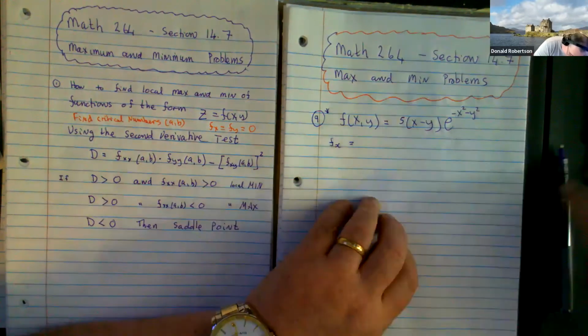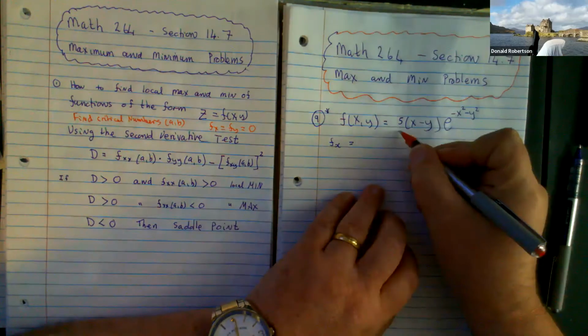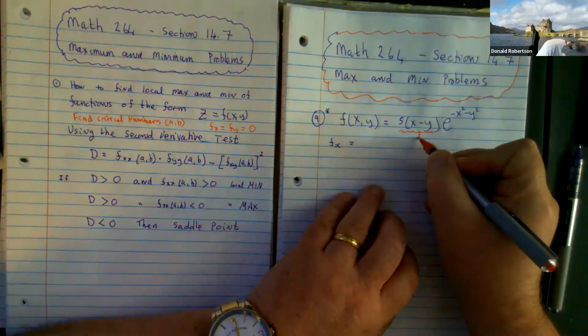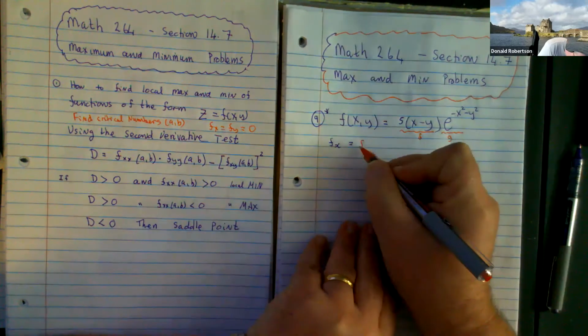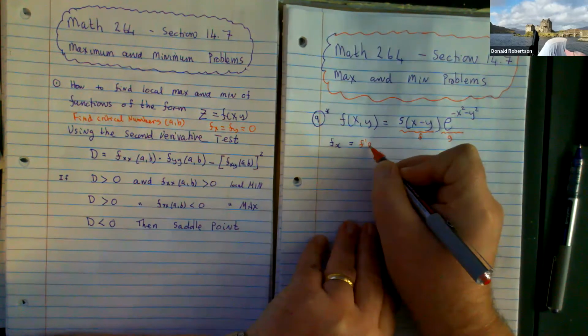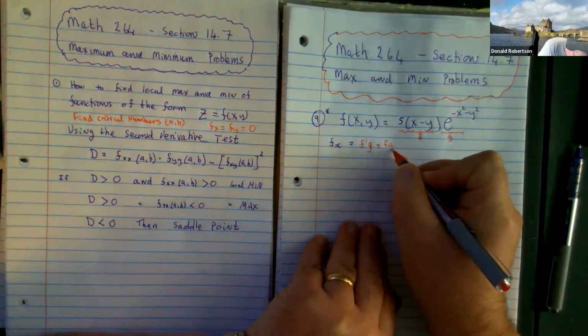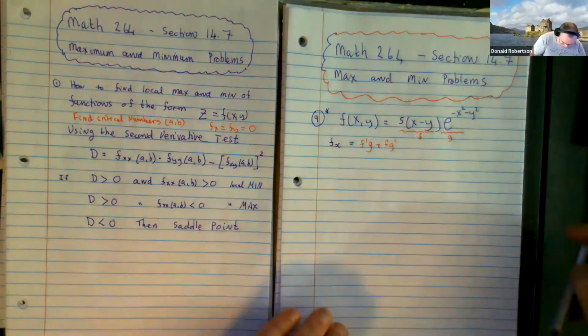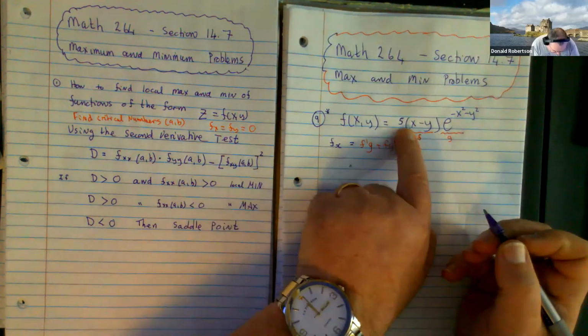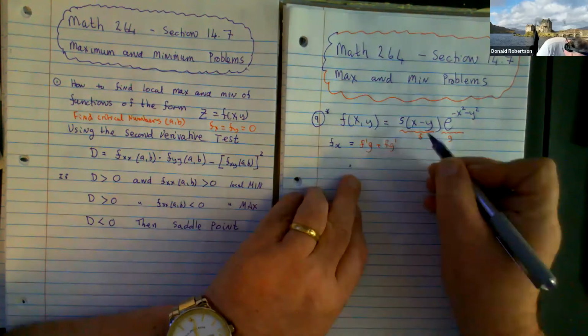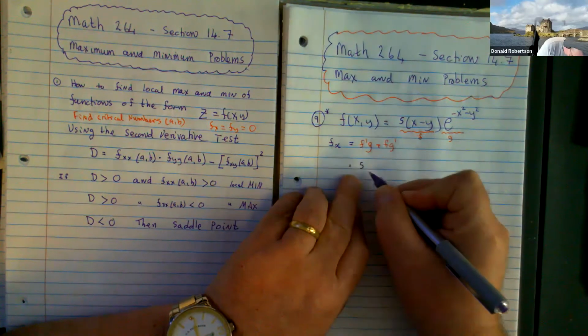Right, this fella here is going to be called f, and this guy here is going to be called g. So this is a product rule. If you differentiate 5 lots of x minus y with respect to x, you will get 5.